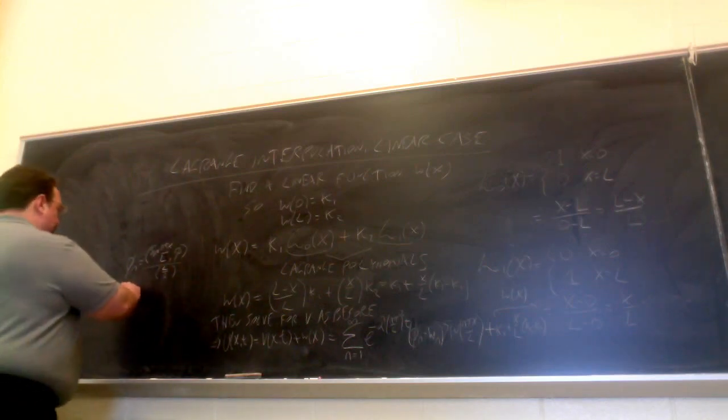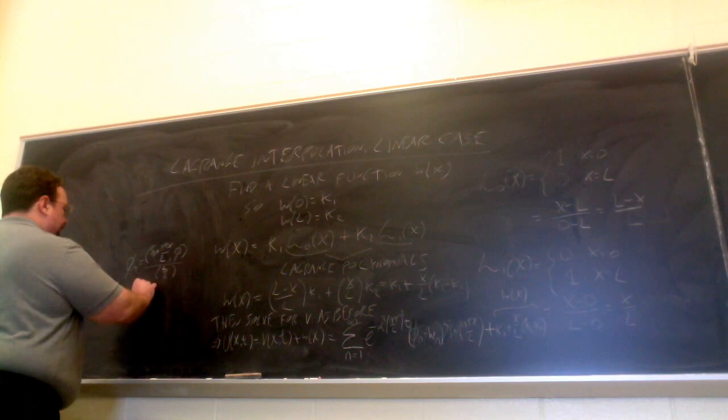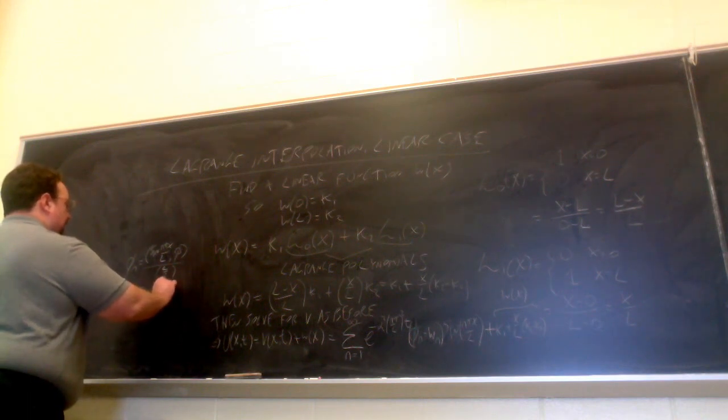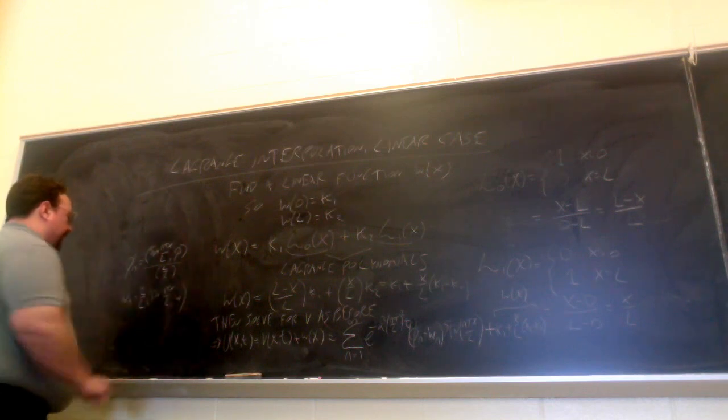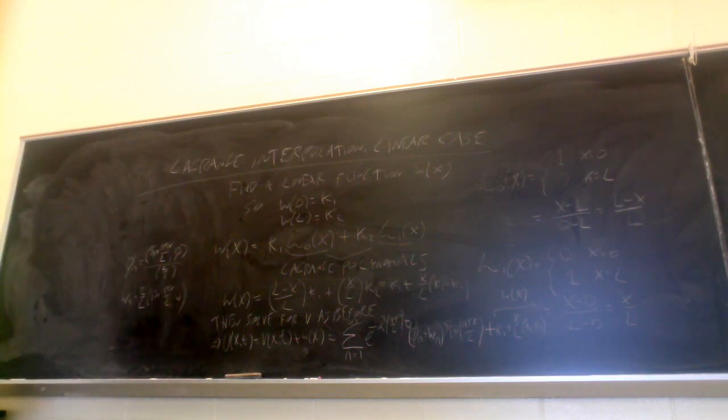And w n, similar thing, so it's 2 over L, the inner product of sine n pi x over L with w of x. Okay. So that's how we solve that problem.